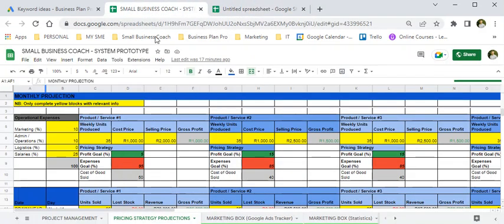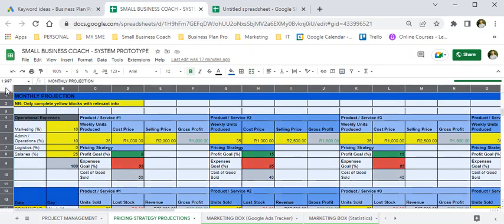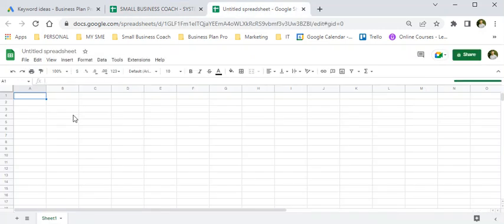Create your own spreadsheet from scratch. What you do now is you can copy this whole formula, Control C, go to your new spreadsheet and paste it. We're just waiting for that formula to carry over. It can sometimes take a couple of seconds.